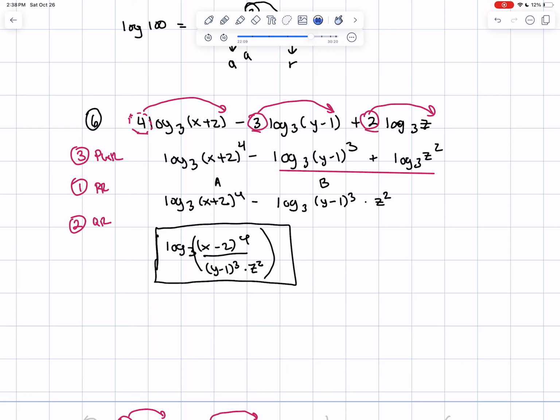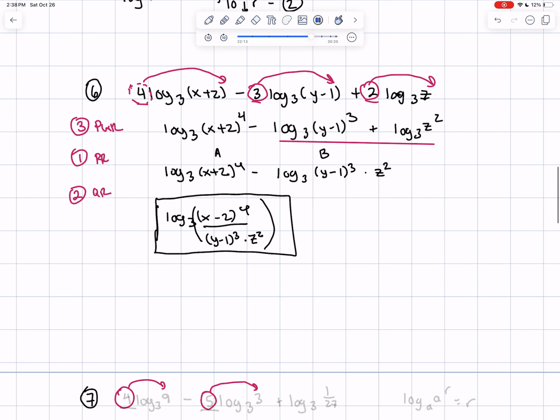Okay, so let's do one last problem. Actually, I'm going to do 2. I'm going to do 2 that are similar to the classwork that you guys had.